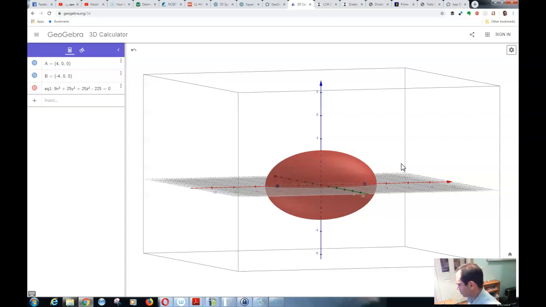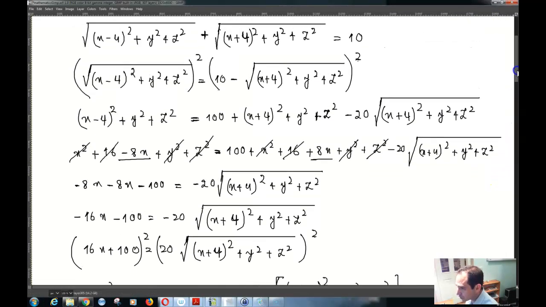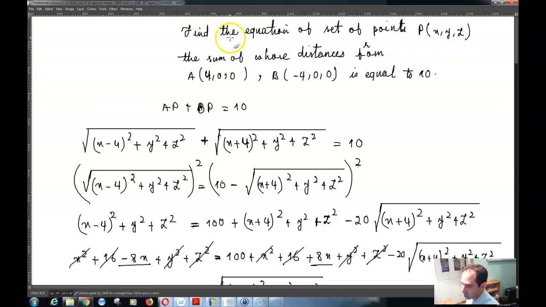Okay. Now we had some three-dimensional ellipse. It is an ellipse, not a sphere but an ellipse. And of course, the question was actually the definition of an ellipse, because it said find the equation of the set of points P(x, y, z), the sum of whose distances from these 2 points are equal.